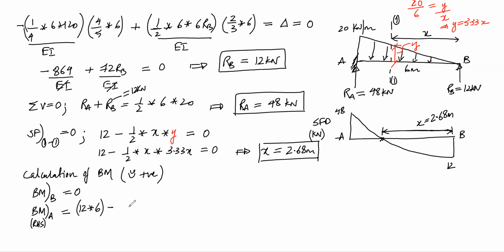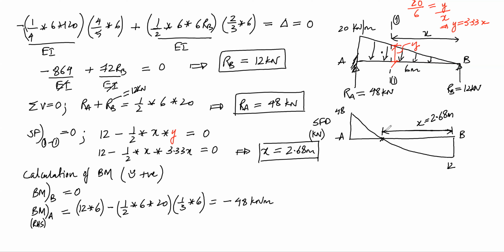So it will be minus half into 6 into 20 multiplied by the distance from the centroid till the point A, that is 1/3 of 6. So this moment will be minus 48 kilonewton meter.